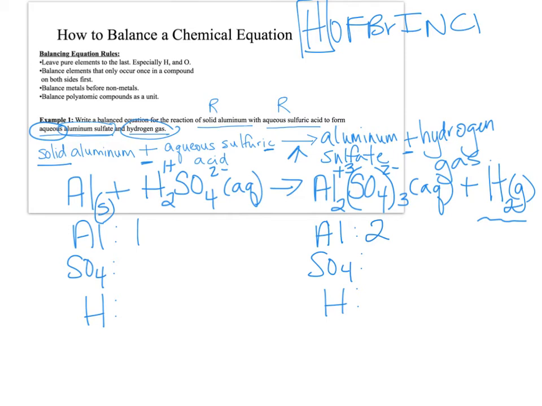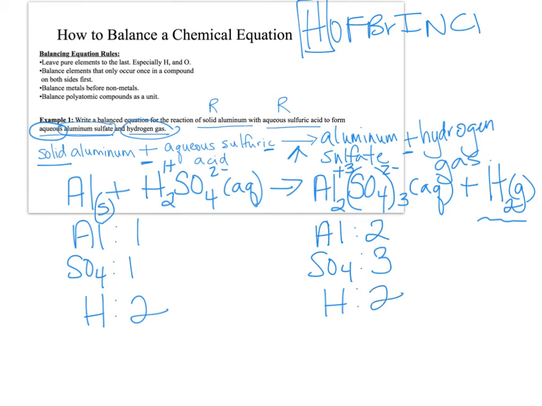My sulfates, on my reactant side, I just have 1 unit of that. And on my product side, you can see that I have a 3 as my subscript on the outside of that parentheses. So there's 3. And then for my hydrogen, on my reactant side, I have 2. And then on my product side, I have 2 as well.